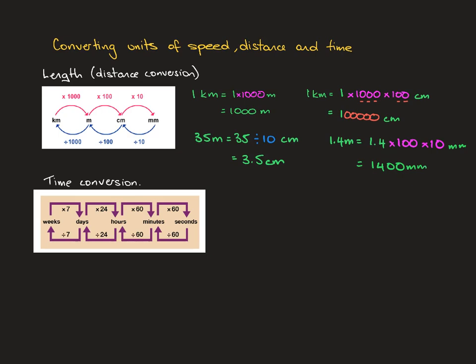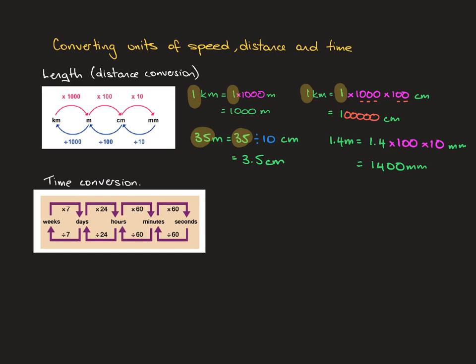So the way it works is, whatever number you have that you're trying to convert, you multiply it by whatever conversion factors you need. Here I had a 1, so it's 1 times the conversion factors. I had 35 when I went from millimetres to centimetres, so I put 35 and then my conversion factor.